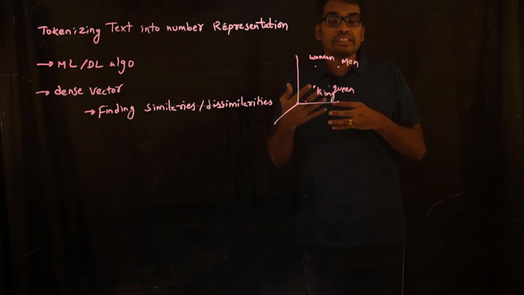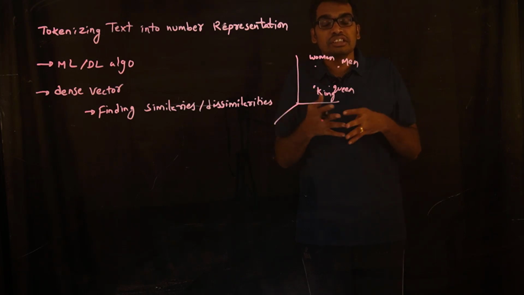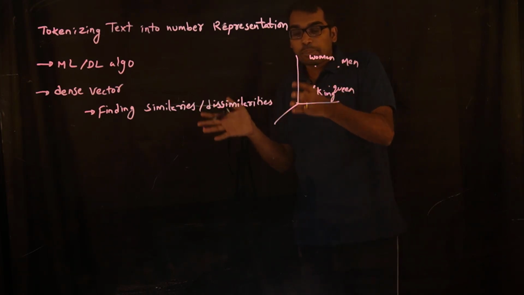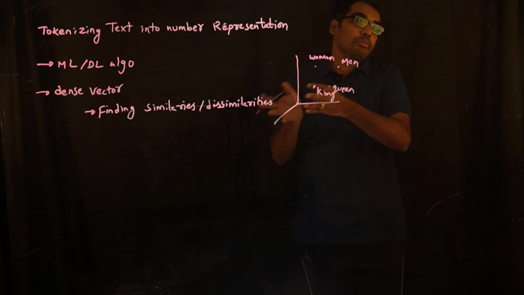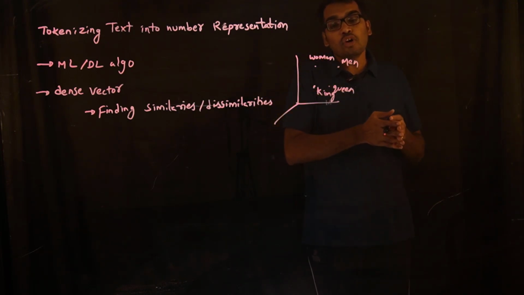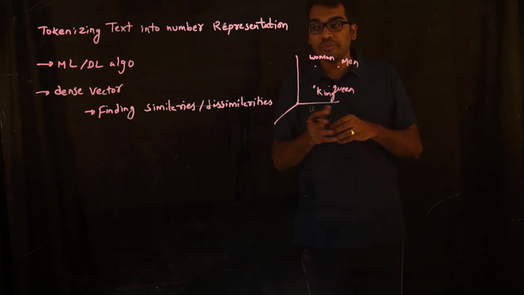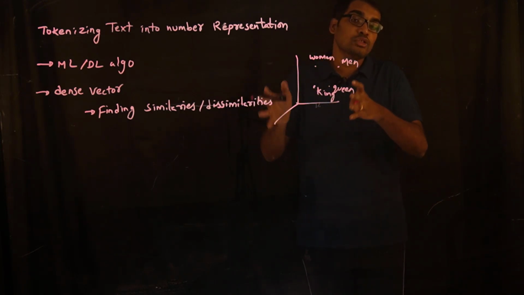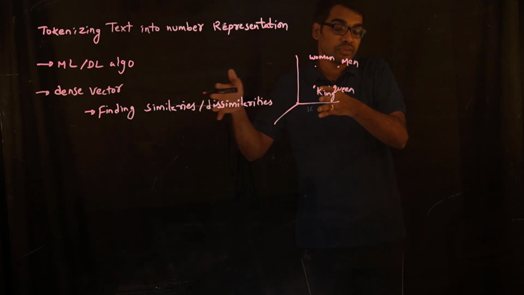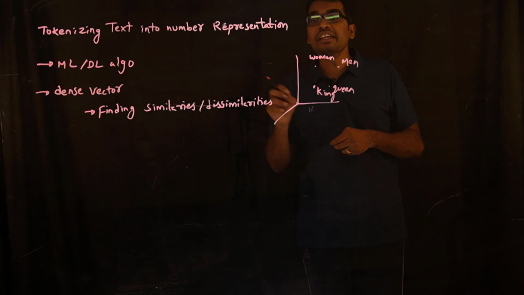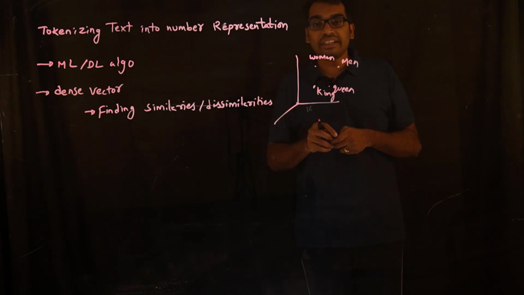If you don't represent them as a vector, there is no common pattern: this particular document has a different vocabulary and that other document has a different vocabulary, so we cannot match between these two. If you project them into a vector space, those vectors always have a fixed length or fixed dimension, and then we can match the similarities. That is why it is very important to represent as a vector.